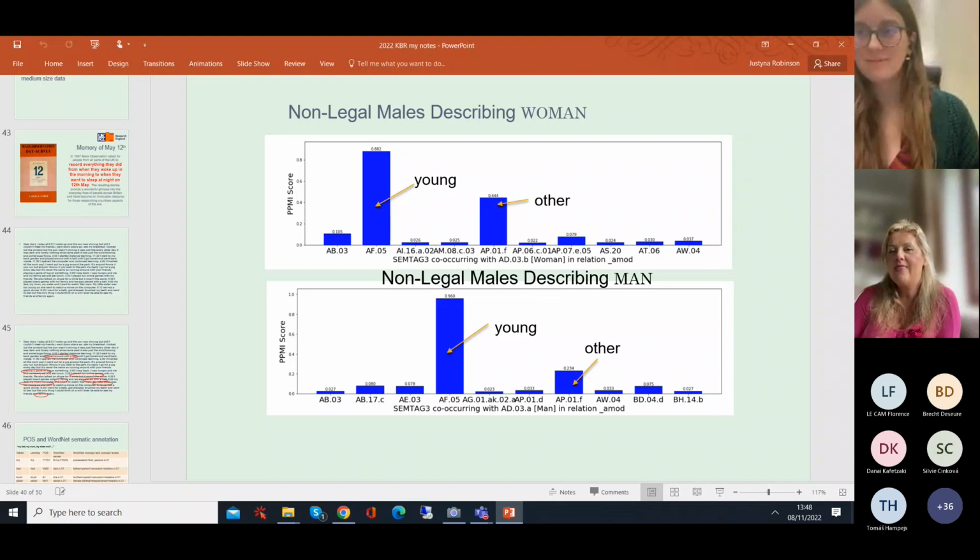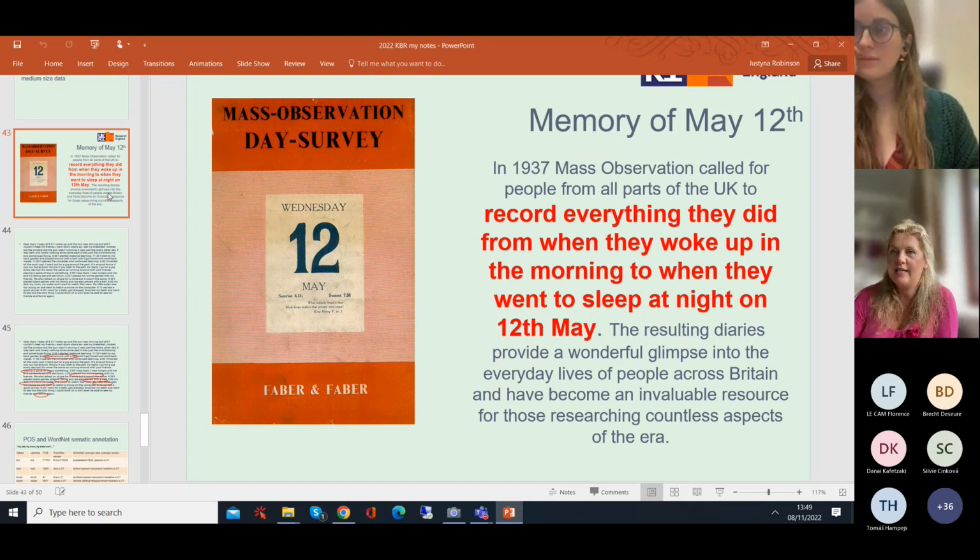Okay, so another idea with concepts that we've pursued was looking at concepts in Mass Observation data. Mass Observation is a survey that collects diaries from people of what they did on the 12th of May.